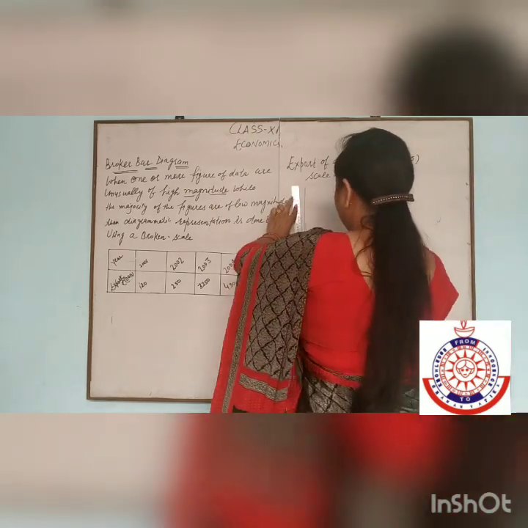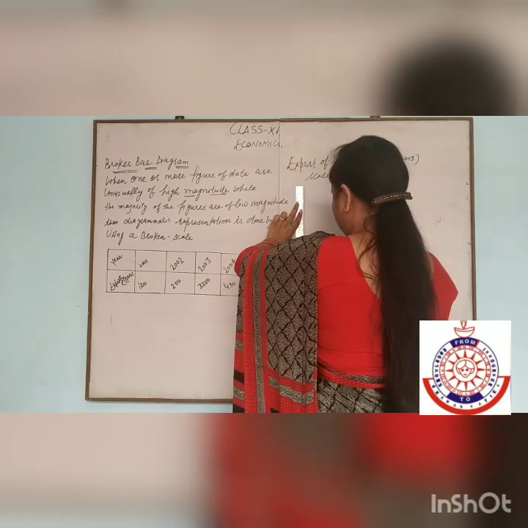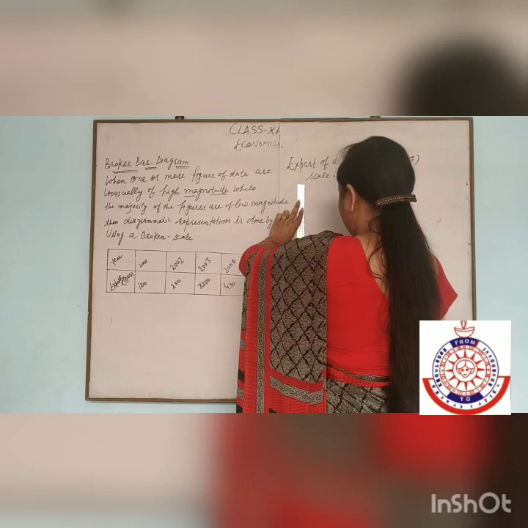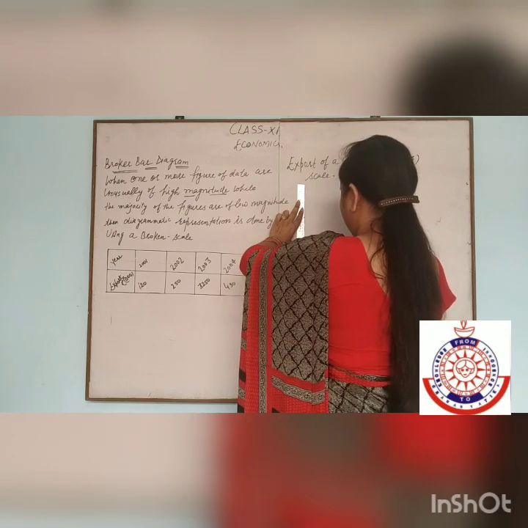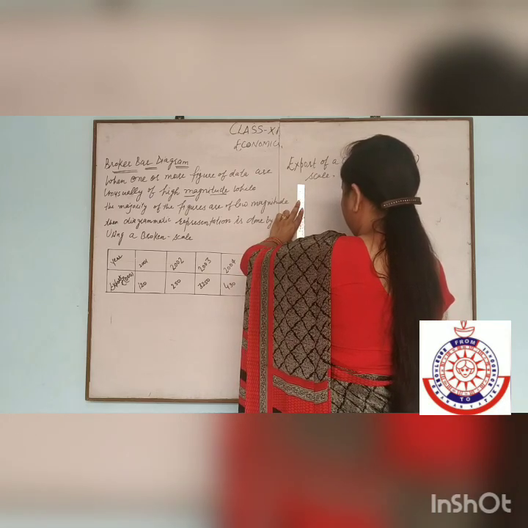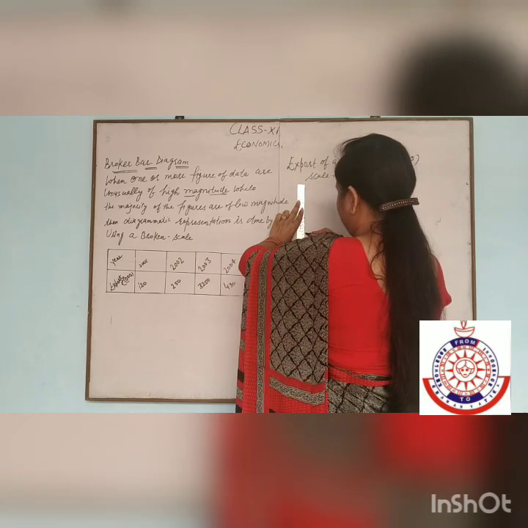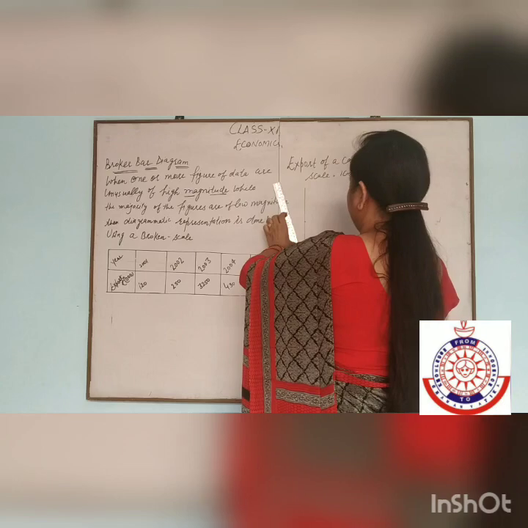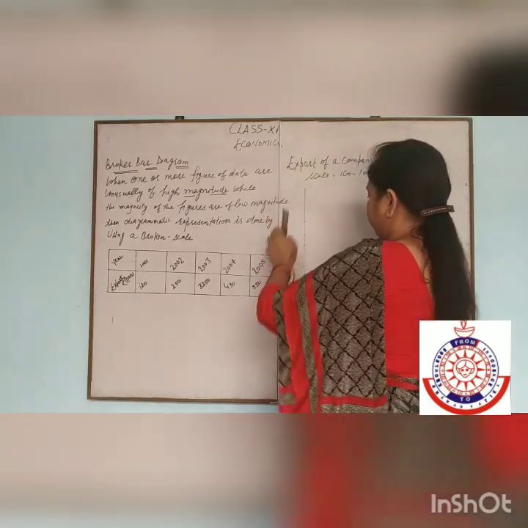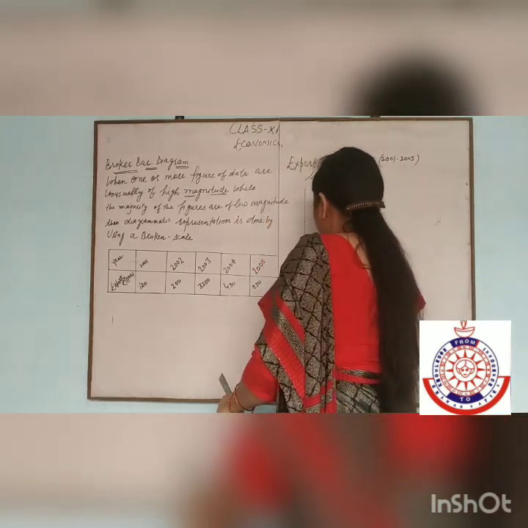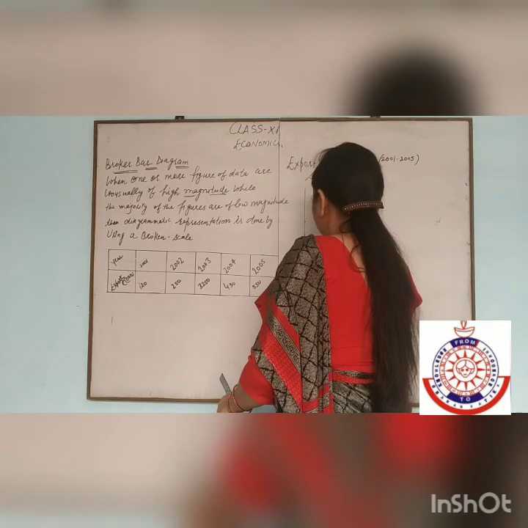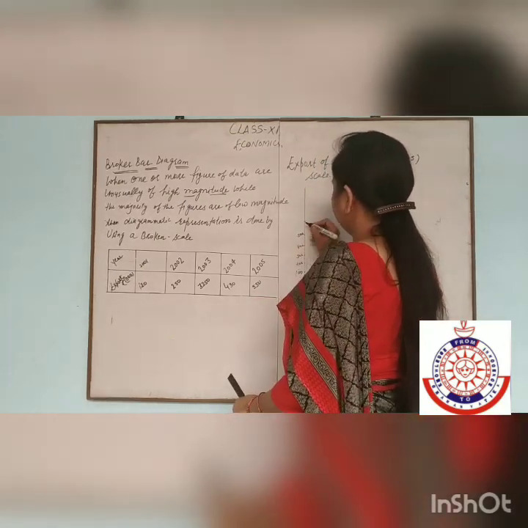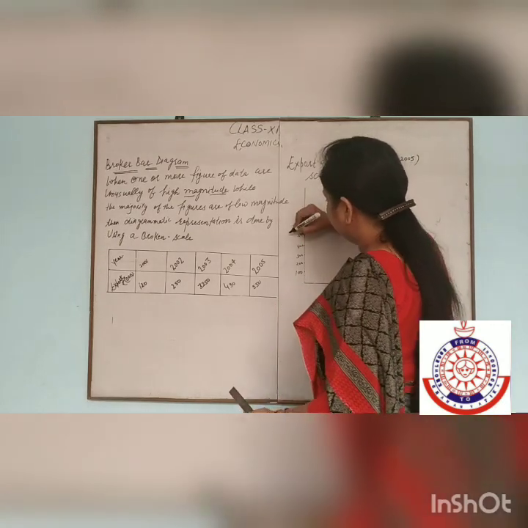Here we are taking 100, 200, 300, 400, 500 or 600.